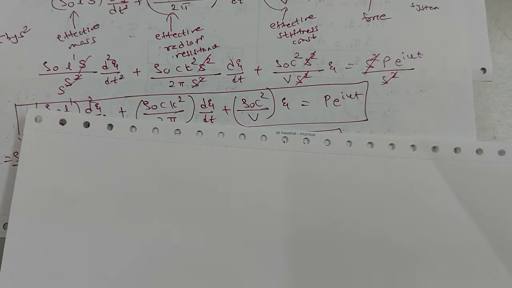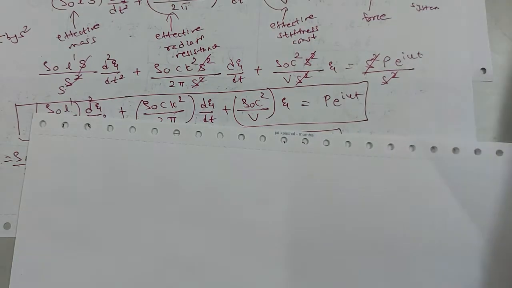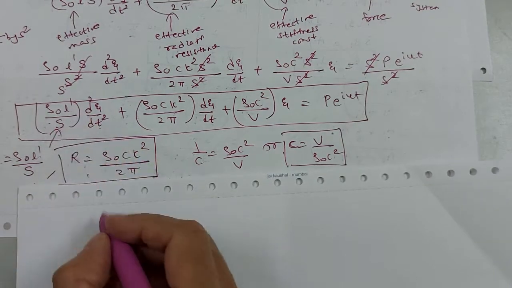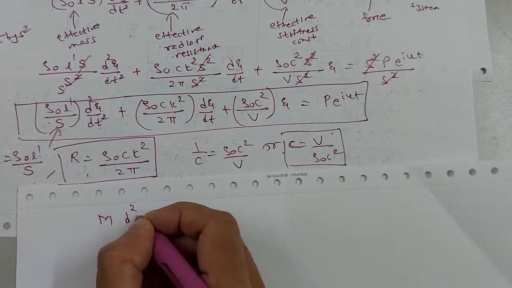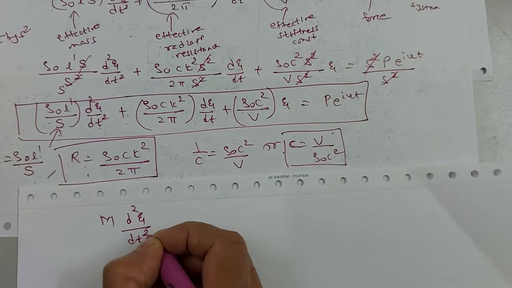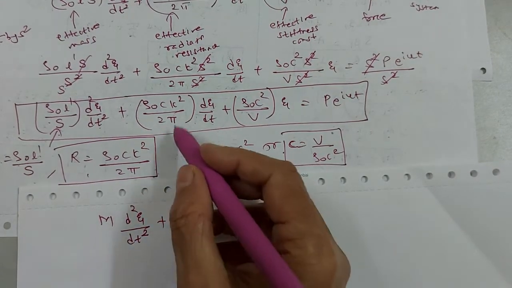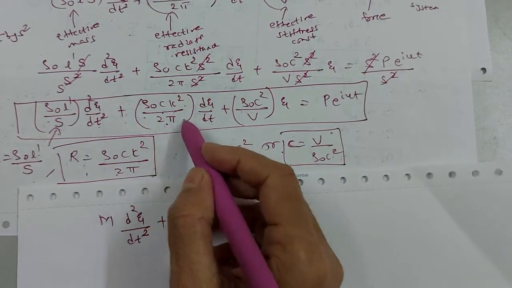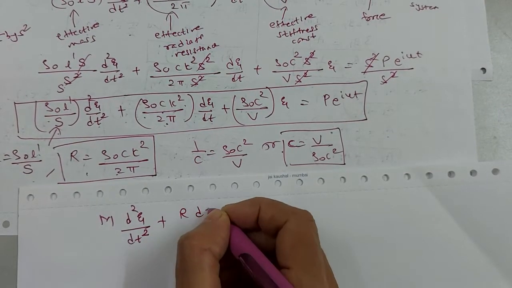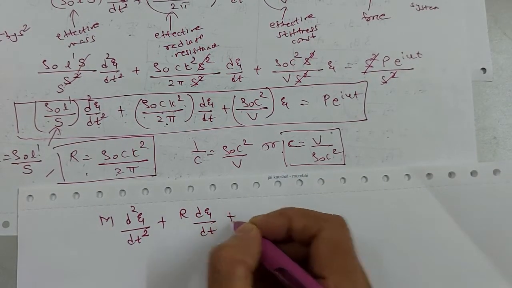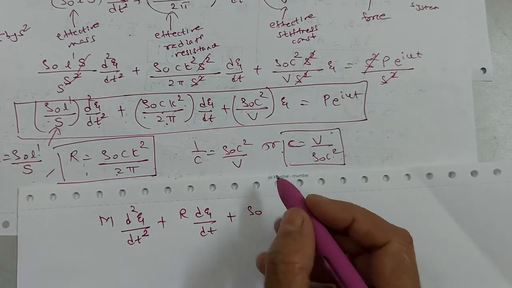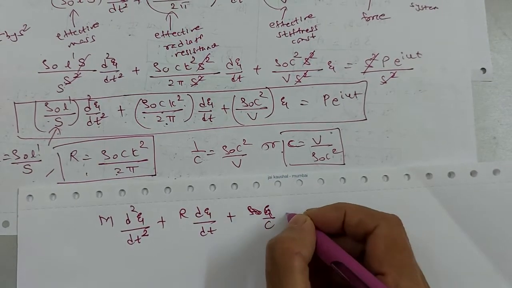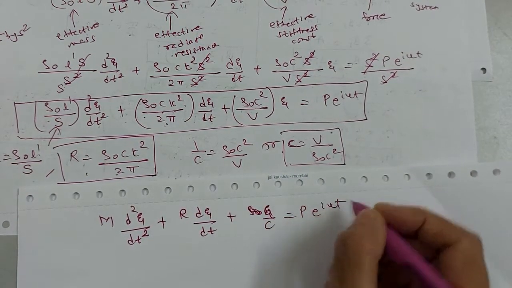I will write the further equation as M, because I am replacing rho 0 L dash by S by M. So M d2 zeta by dt square plus, as I mentioned, the middle term will be called R. Rho 0 c k square by 2 pi is R, d zeta by dt, plus rho 0 c square, which I am calling zeta by C, is equal to p e to the power I omega t.